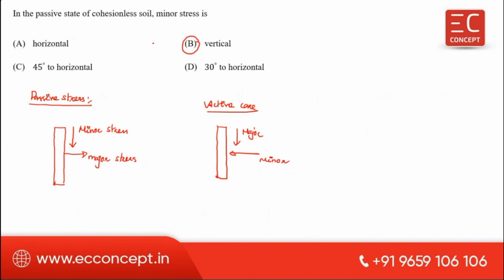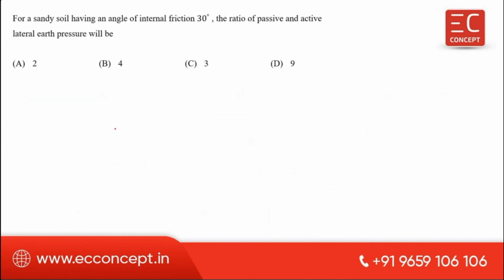Okay. Next question. For a sandy soil, that is a cohesionless soil, having an angle of internal friction of 30 degrees, find the ratio of passive to active earth pressure, Kp by Ka. What is Kp? 1 plus sine phi divided by 1 minus sine phi.